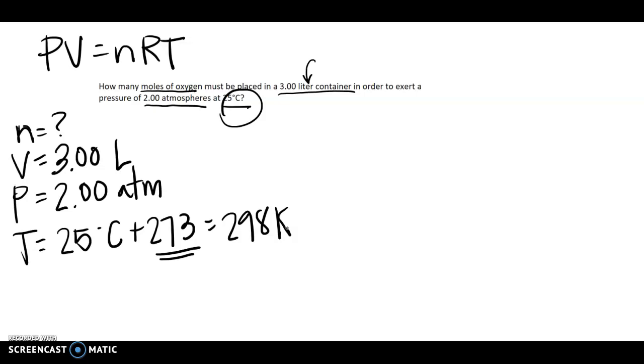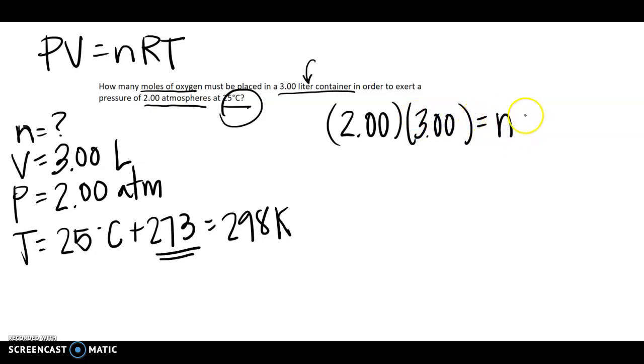Now that we have our variables, it's literally just plug it in, and you can manipulate the formula first or after. It doesn't matter. It's up to you. I'm going to plug it in as is and then just go from there. So P is 2.00, V is 3.00, equals N, I don't know, times R. Don't forget R is always the same.